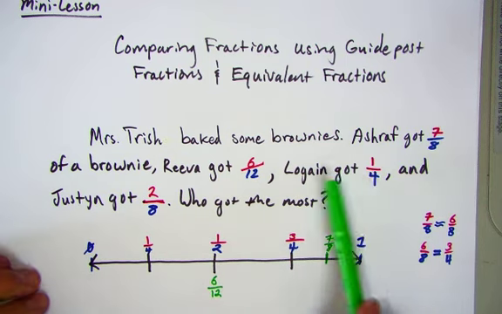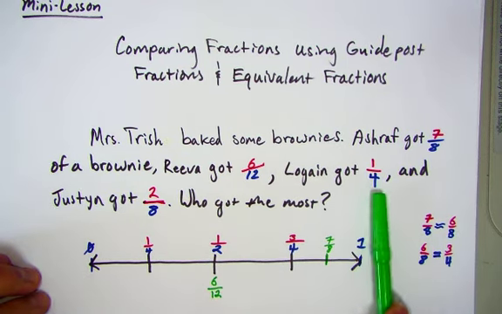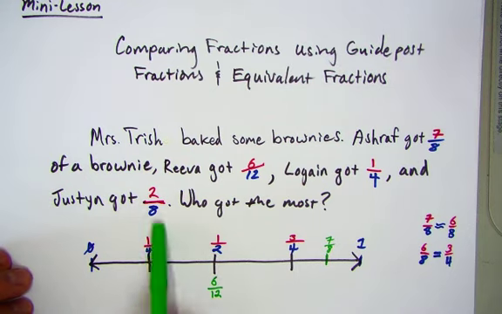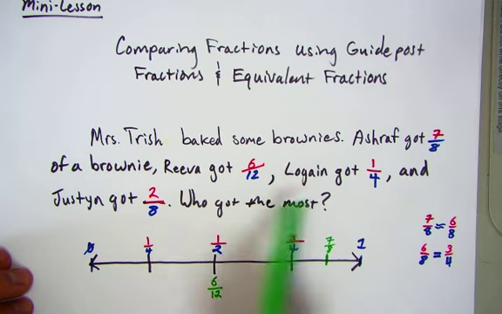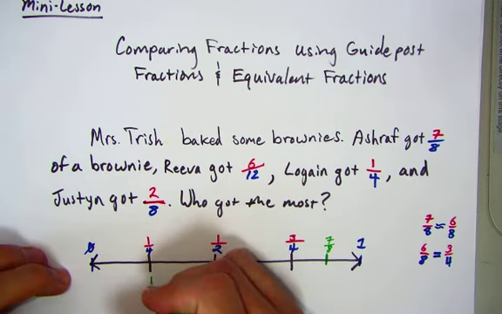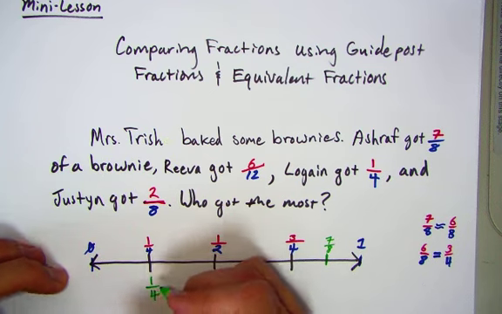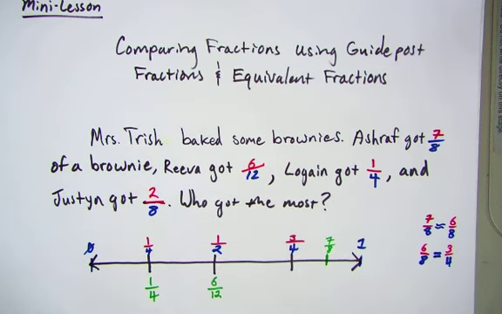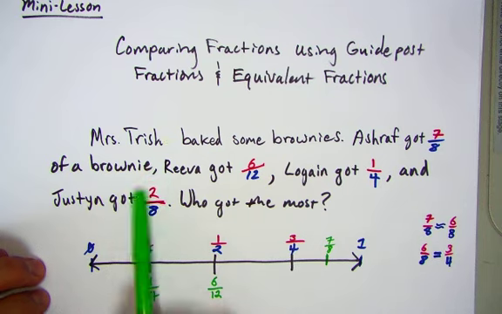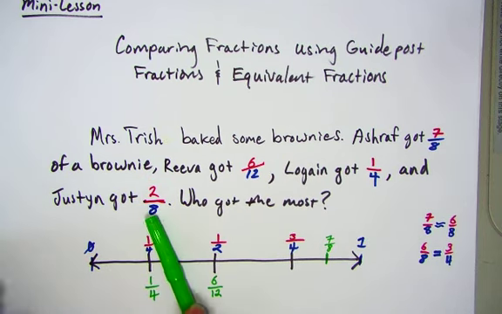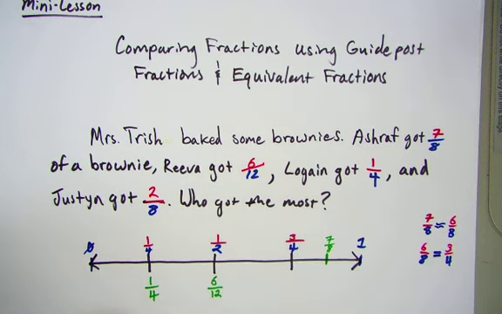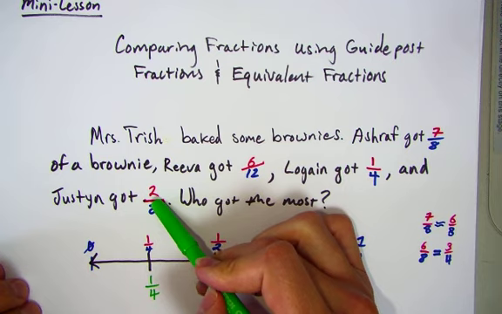Okay, let's move on to Lojane's part. 1/4. Well, 1/4 is one of our guidepost fractions. We know exactly where to go for 1/4. So let's put Lojane's part right there. So now we just have one left. Justin's part, 2/8. I think we need to use equivalent fractions again to figure out where 2/8 is.